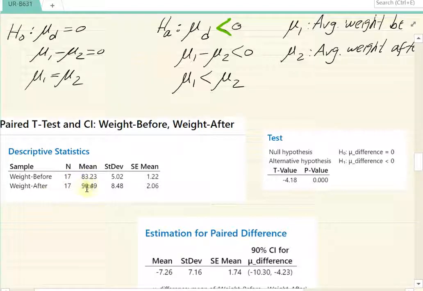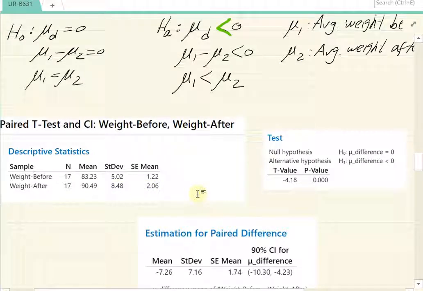Afterwards, they gained on average a little over 7 pounds, 7.2-ish. These are the deviations, of course, and this SE means the standard error of the mean. This is like your sigma over square root of n for each of the before scores and after scores.